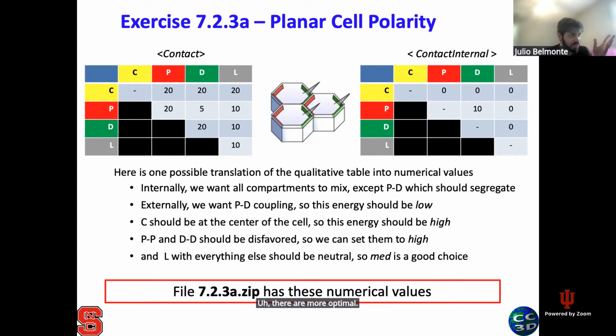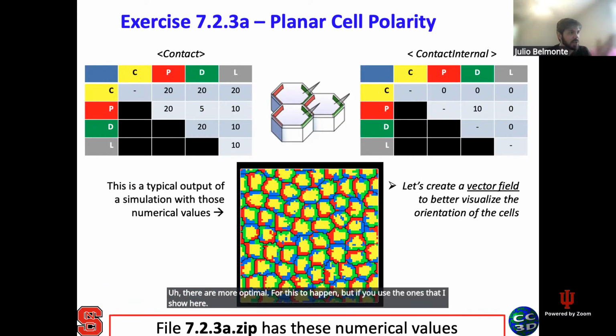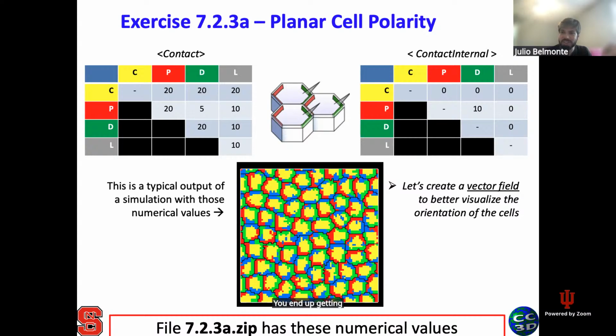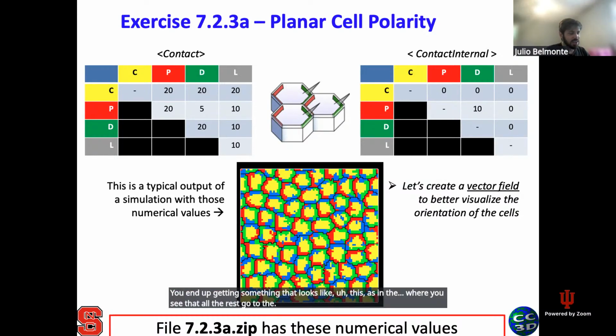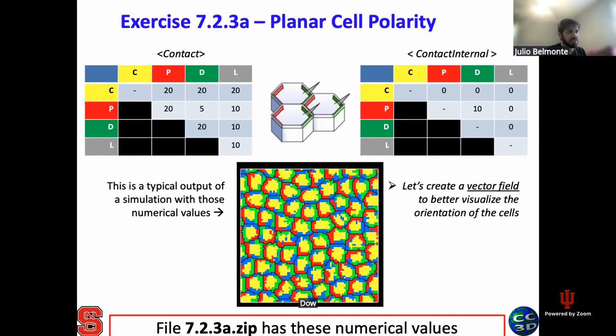But if you use the ones that I show here, you end up getting something that looks like this, where you see all the reds go down to the left, and all the greens go up and to the right.